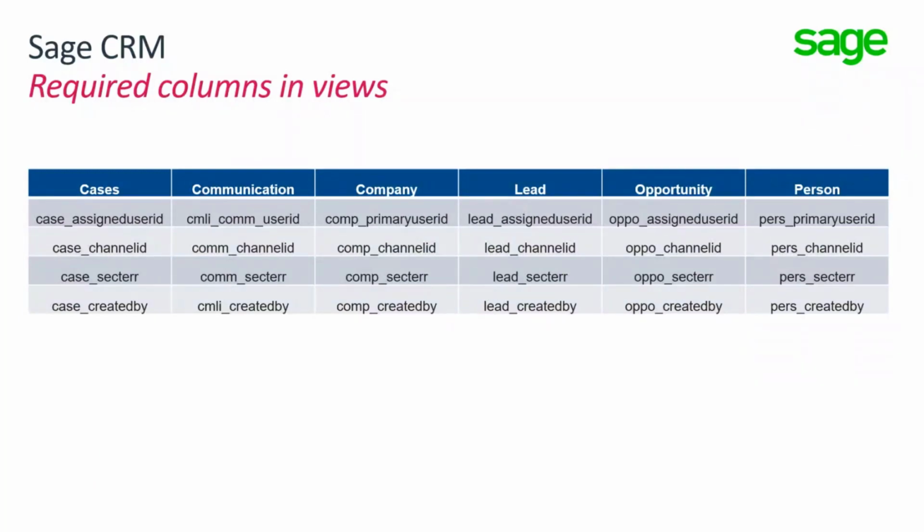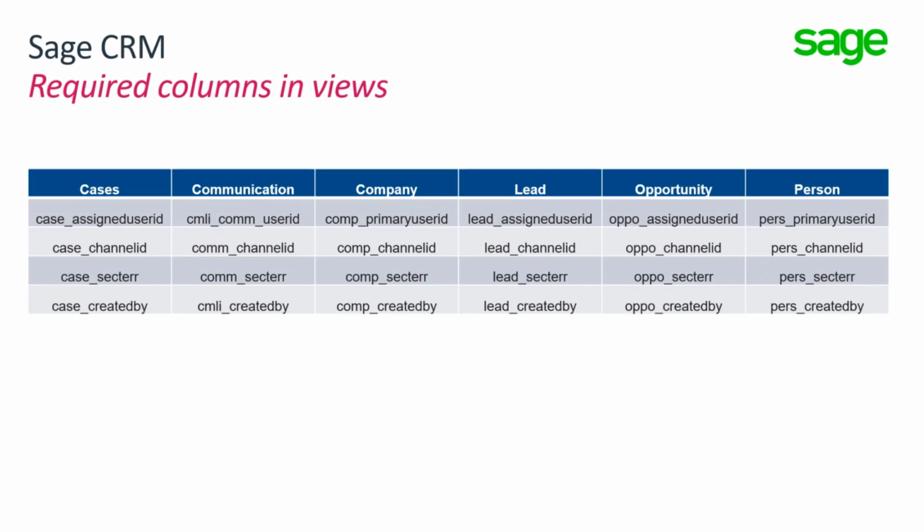Now the security in Sage CRM is able to be defined around policies that allow a user access to a record if the record matches their territory, and that's going to be in the field sector. So case sector, com sector, comp sector, lead sector, oppo sector, and PERS sector in the examples that we see on screen.